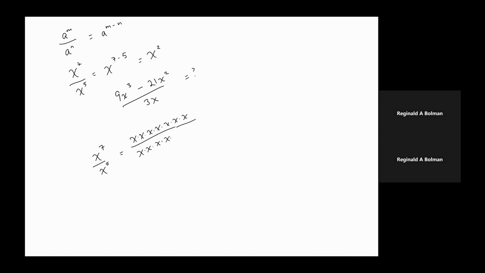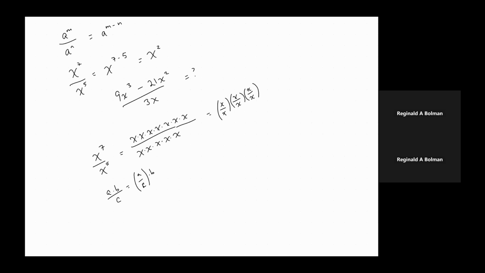By the composition of fractions rule, if you have a times b all over c, this can be rewritten as a over c times b.